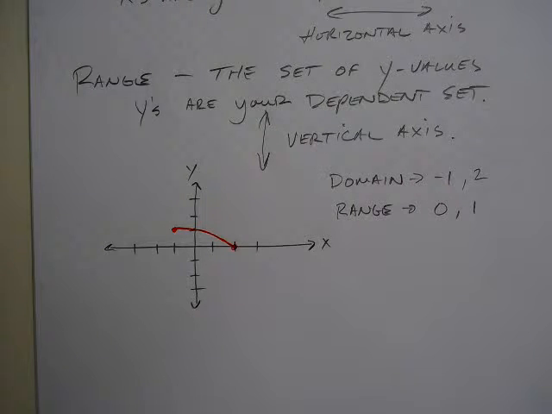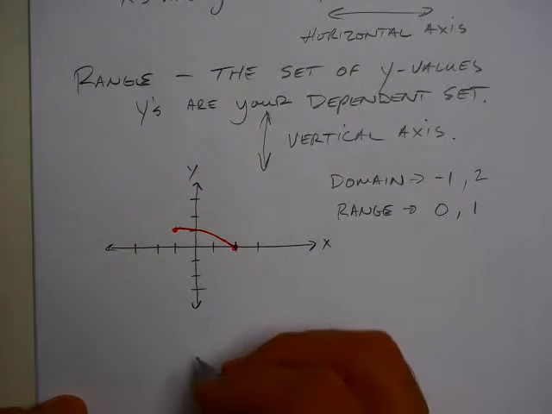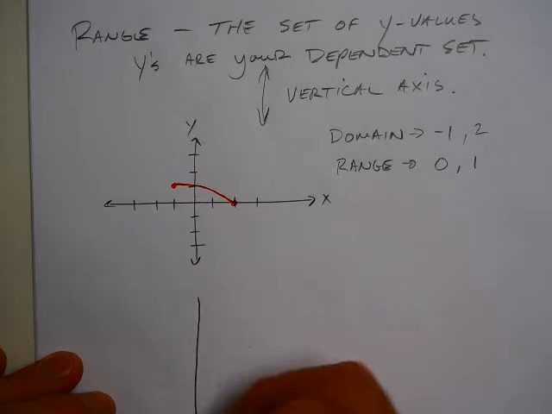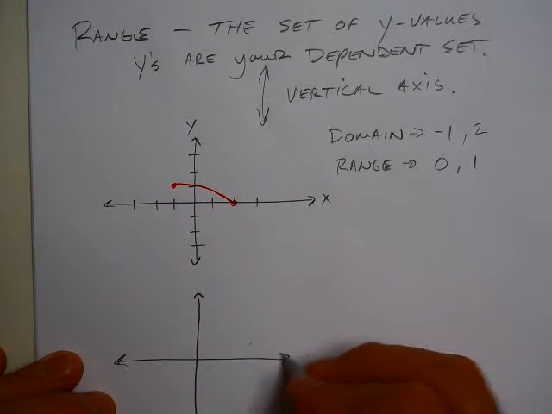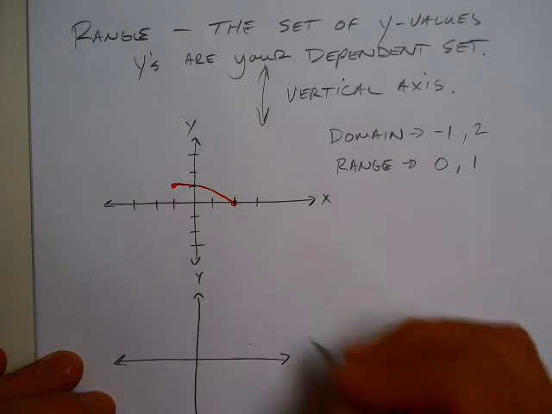Think of it as taking a walk along the x-axis, taking a climb up the y-axis. Where do you find the graph? What if it doesn't look like that? What if it does something like this? I'll do the same x and y, 3 in each direction.